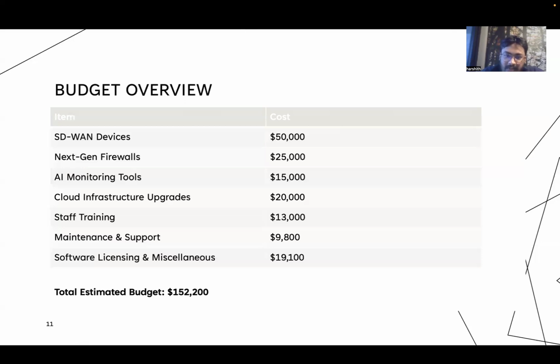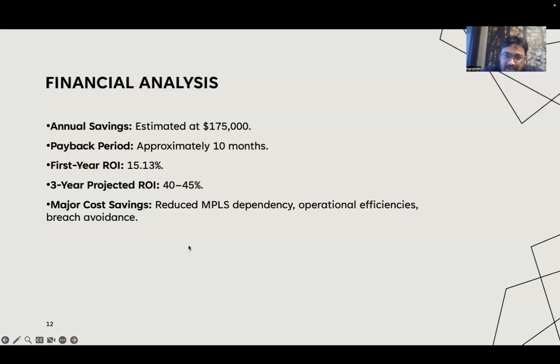Coming to the financial analysis, our financial analysis shows the project is cost justified by reducing MPLS usage, lowering operational overhead, and preventing costly breaches. And also, we expect annual savings of $175,000. The payback period is less than a year, only 10 months.